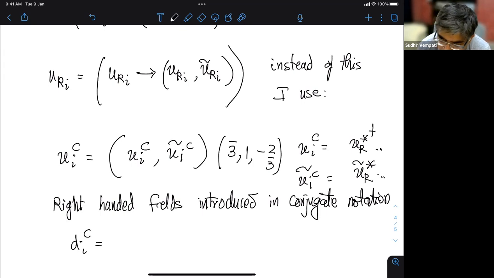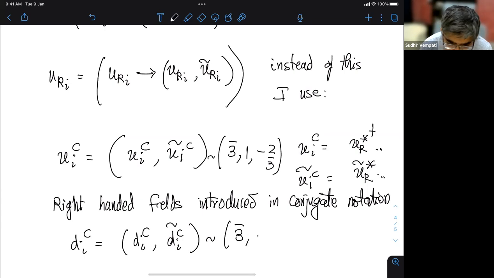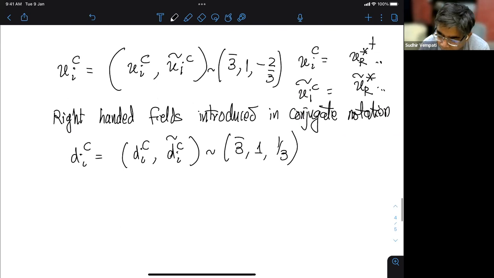Notice that it has minus 2/3. Then DI tilde C has the quantum numbers 3 bar, 1, 1/3. Okay, so now you have right-handed fields both in the down sector and in the up sector.